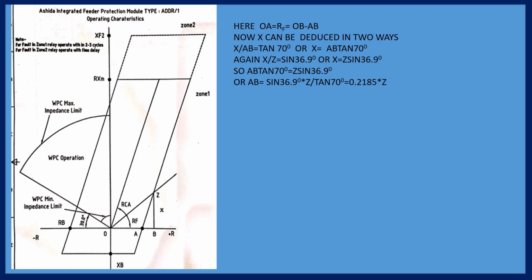Our impedance is calculated by resistance and reactance. Reactance is the combination of inductance and capacitance. So here we have given the forward reactance, the impedance is divided into two parts. One is sine component and another is cos component.